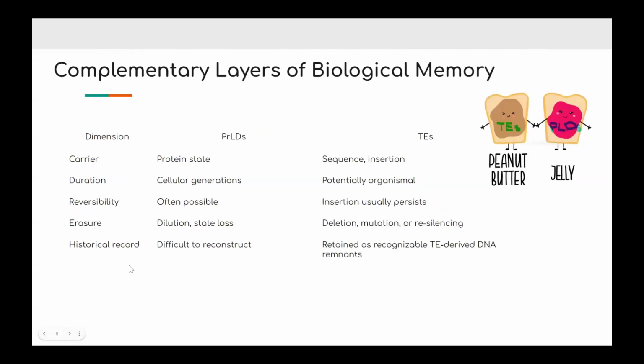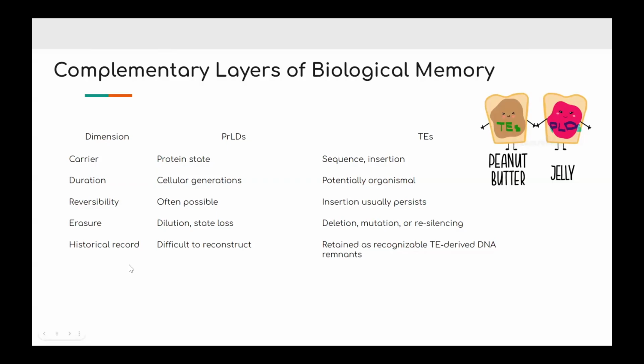And this is where the idea of biological memory becomes useful. For prion-like domains, that memory can exist as a protein state, and for TEs, it can exist as a DNA insertion or another genomic change. The main difference is durability: protein states can persist, but they also disappear through things like dilution or degradation, whereas a TE insertion can remain in the genome for much longer, and this can persist even across evolutionary time.